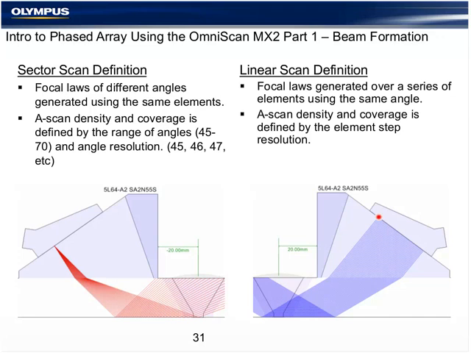The benefit of the linear scan is it uses one angle and is effectively the exact same thing as a conventional raster scan. We're replacing the mechanical movement of a two-axis scanner with an electrical raster, and every A-scan has the same functionality.